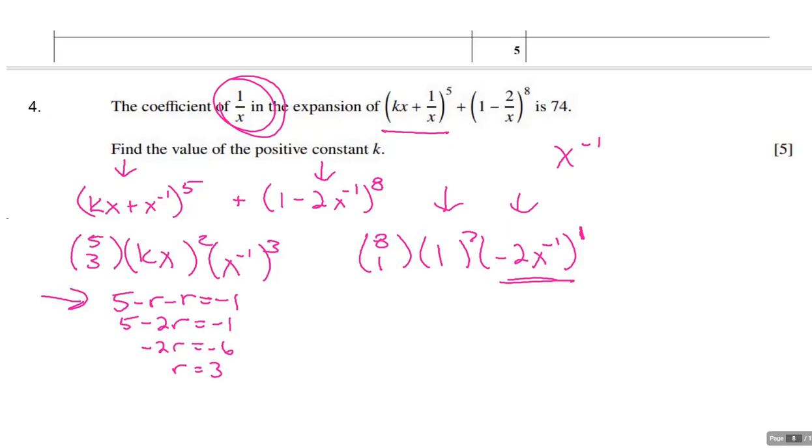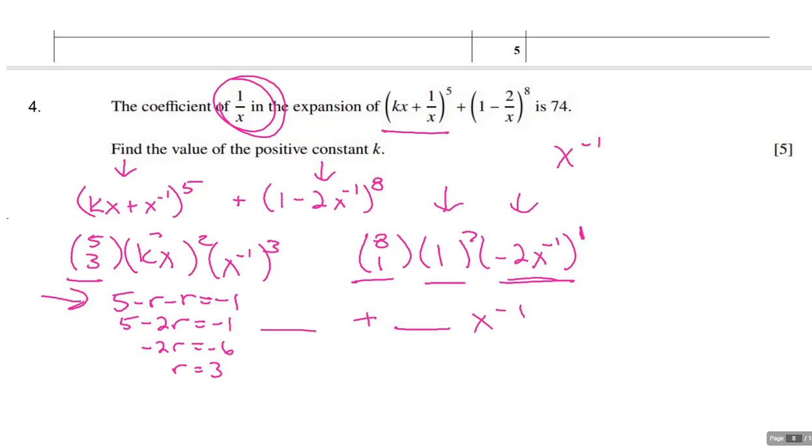At any rate, this will be a number, this will be a number. When I multiply them together, I'll get some number x to the negative 1. When I multiply this, will be a number. This will be k squared. So I'm going to get some number k squared, and that's going to equal that. I'm going to add them together.